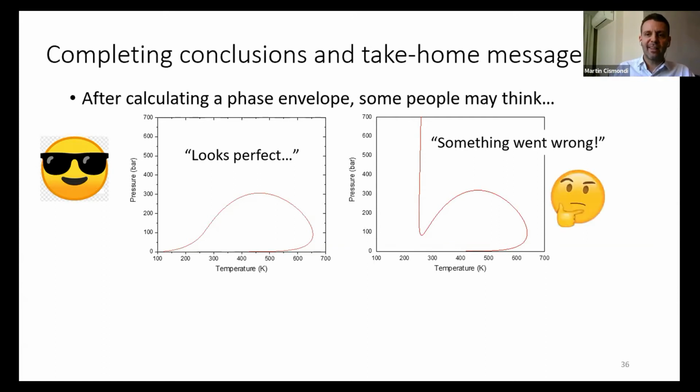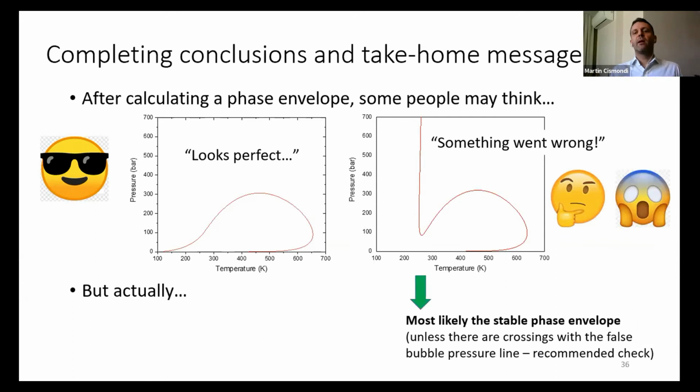So they felt like this, and sometimes even like this. But actually, from all the explanations I was discussing, if you get this open envelope, it will most likely be the stable phase envelope, unless there are crossings with the false bubble pressure line, like I showed in the example before. So I recommend to check that.